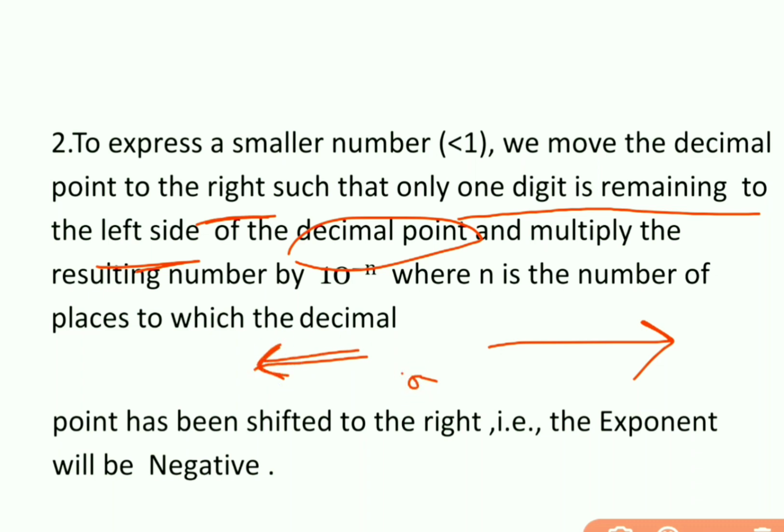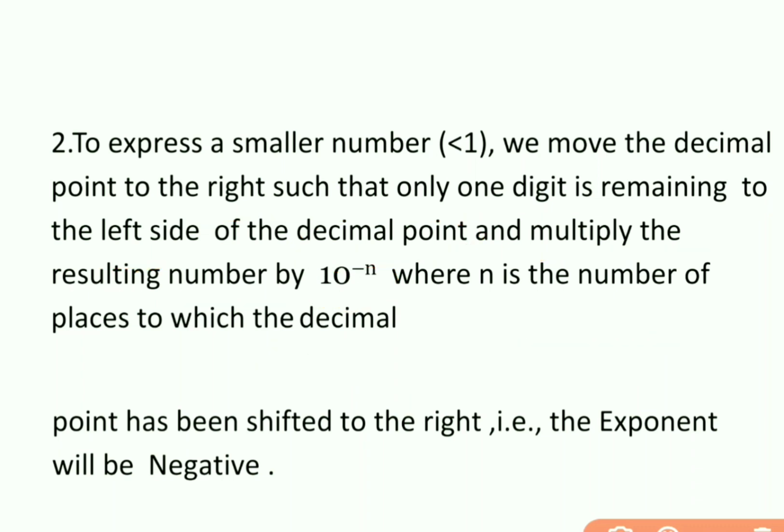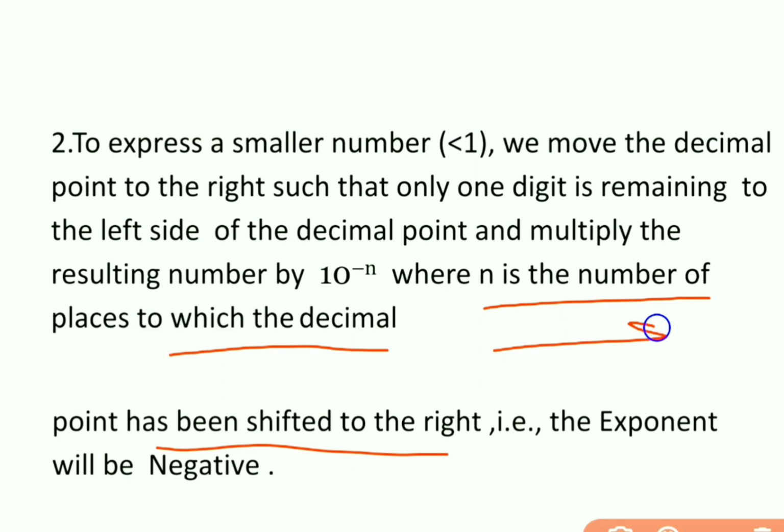Only one digit is remaining to the left side of the decimal point, and multiply the resulting number by 10 raised to the power minus n, where n is the number of places to which the decimal point has been shifted to the right, and in this case the exponent we will get will be negative.